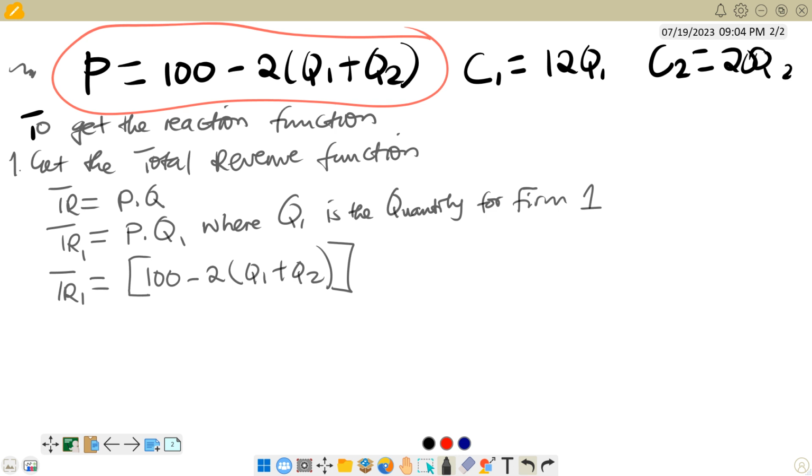So total revenue is equal to price times quantity 1.